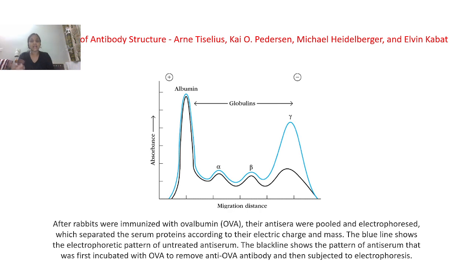Ovalbumin is the egg white which contains the protein albumin. So they inserted that albumin, which is a very potent antigen. Some people are very much allergic to the albumins present in the egg. So they become allergic to eggs.